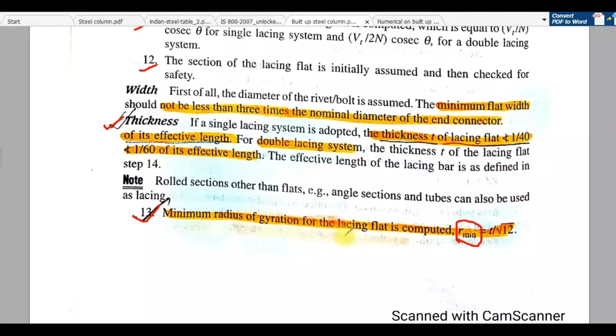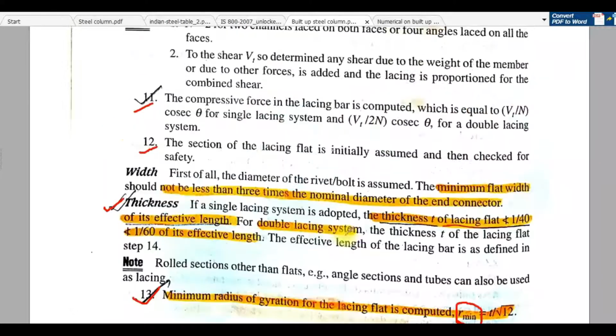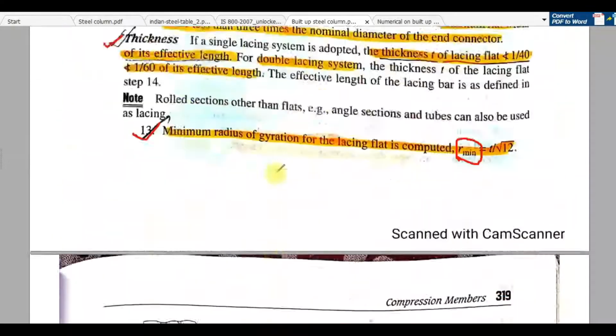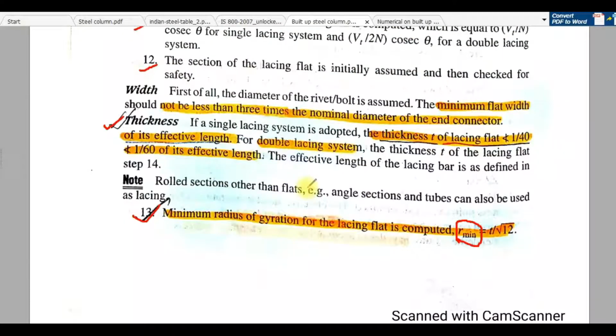By multiplying the design compressive stress with the area, you can find the design capacity of the lacing bar. It should be more than this Vt by n cosec theta. That means the capacity of this lacing bar to carry the compression should be more than this Vt by n cosec theta.